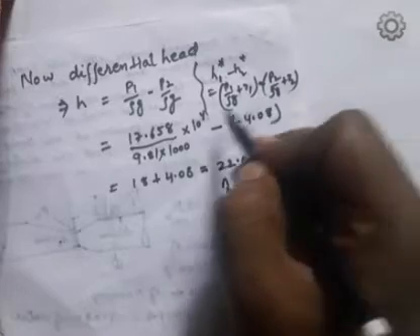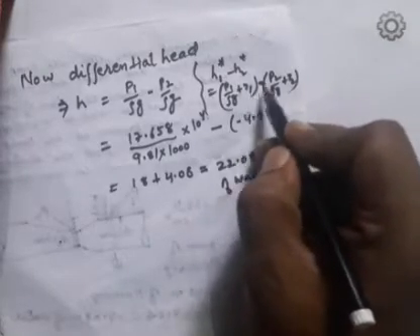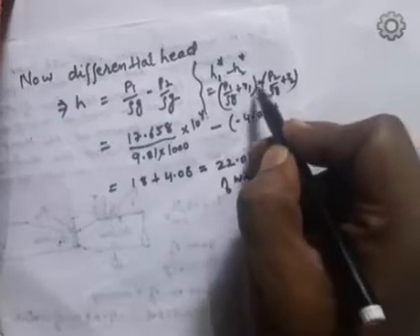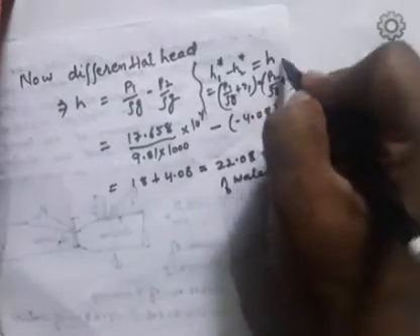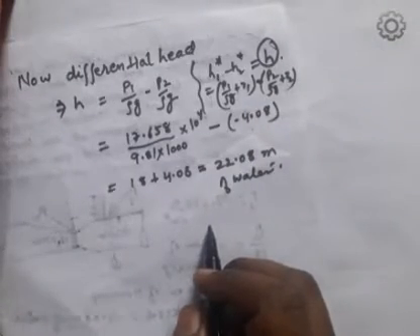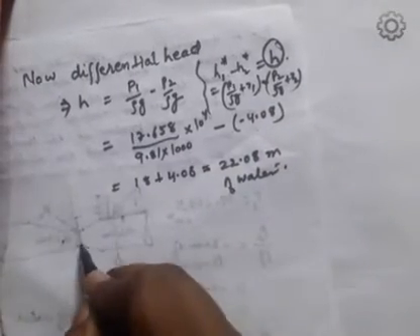Because it is a horizontal Venturi meter, Z1 and Z2 are equal, so P1 by rho g minus P2 by rho g is H1 star minus H2 star, equal to H. That is the differential manometric deflection. Now we can easily find out the discharge.